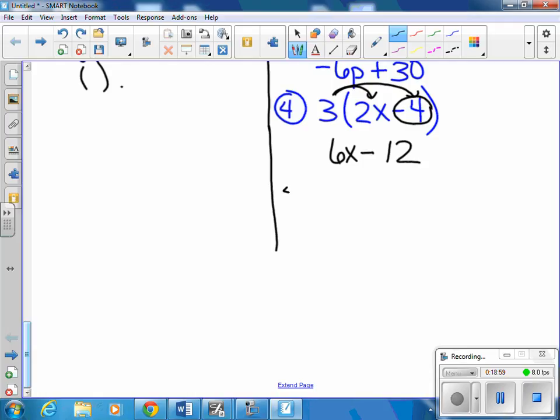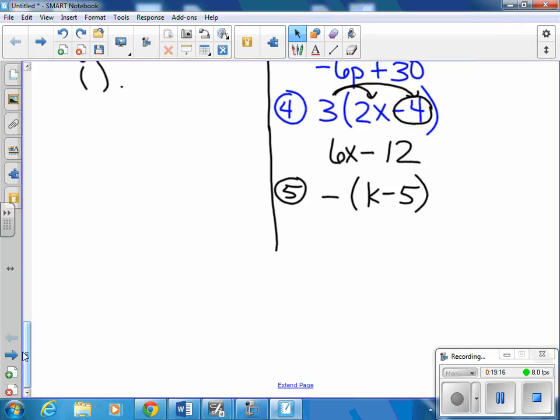And then the last one I want to show you is one of those weird tricky ones that people tend to forget about, but if you know enough about what you're looking at, you won't fall guilty to it. Every time you see parentheses with 2 things inside of it, you have to distribute something. So in this problem, I see the parentheses and I see 2 things inside of it, but I don't see a number outside to distribute it to. Remember in algebra that there is a hidden invisible -1 right there.